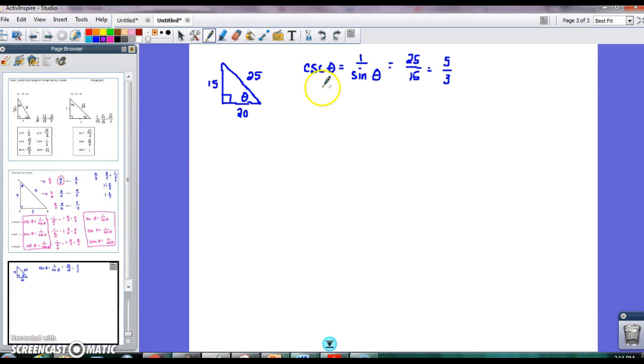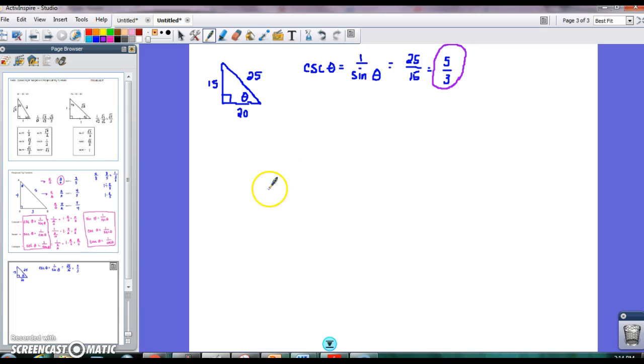Okay, so when you're dealing with cosecant or secant, this answer has to always be greater than 1. Tangent, there aren't any restrictions on it, so there wouldn't be any restrictions on cotangent either. Okay, so that's the idea behind solving one of those problems.